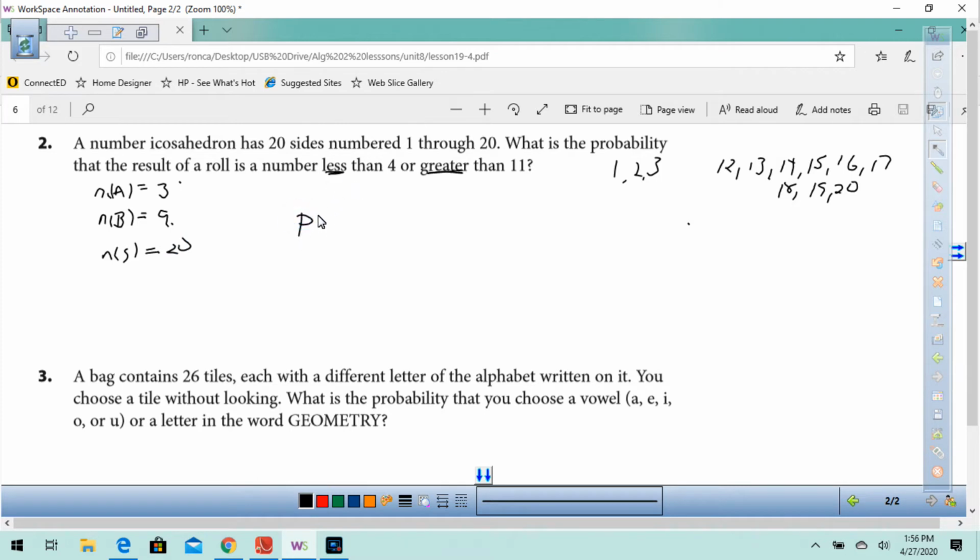So the probability of A or B would be the probability of A plus the probability of B. A would be 3 over 20, and the probability of B would be 9 over 20. And that's going to give you 12 over 20. And I think 4 goes into 12 3 times and 20 5 times. So that would be the probability.